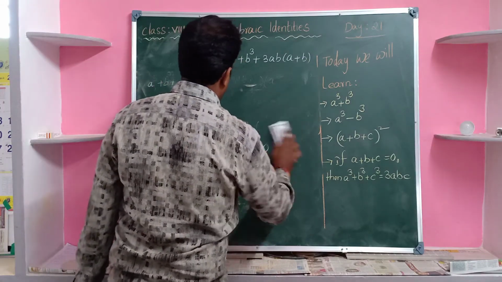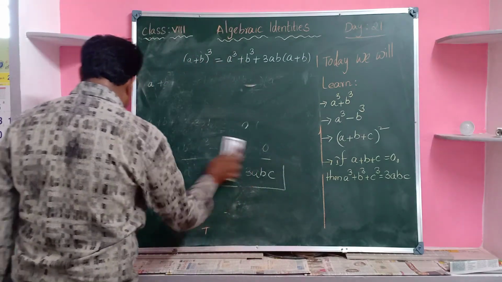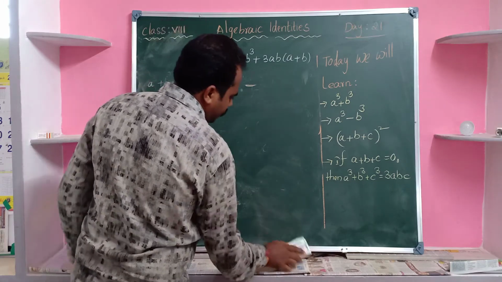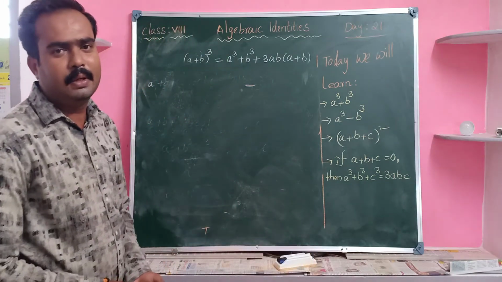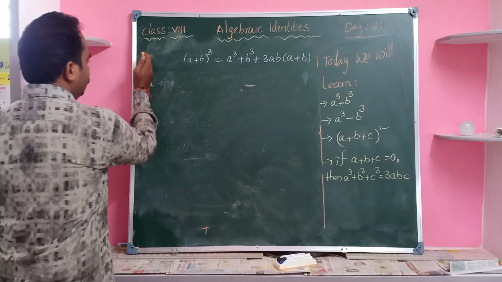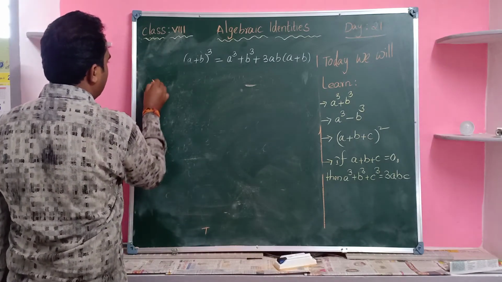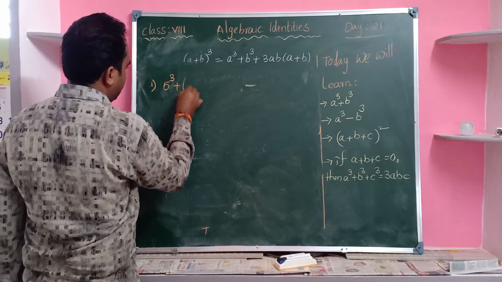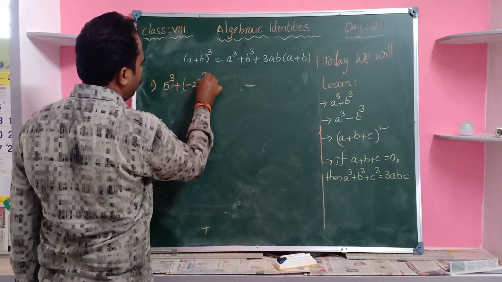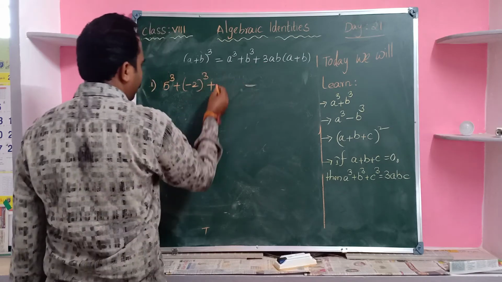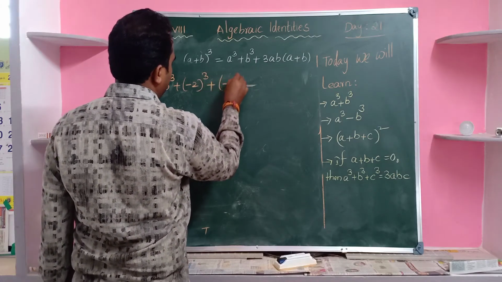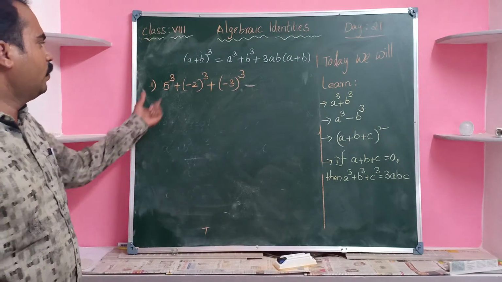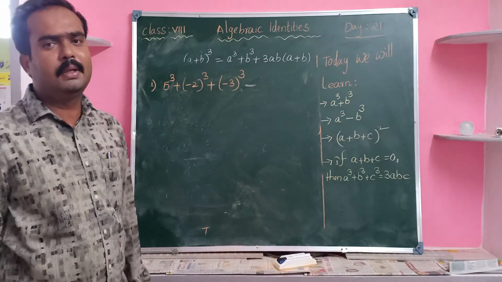See, for example, I will give one small problem on this one. Without doing actual cubing, find the value of 5 cube plus minus 2 whole cube plus minus 3 whole cube. Without doing actual cubing, how can you find it?